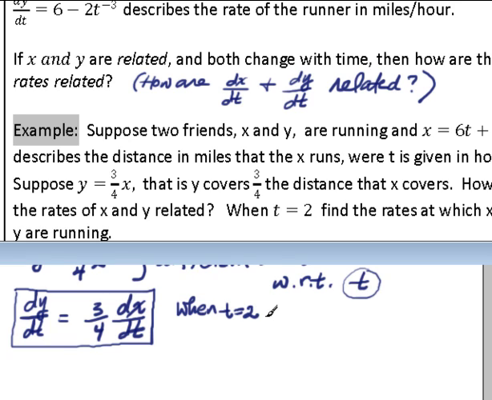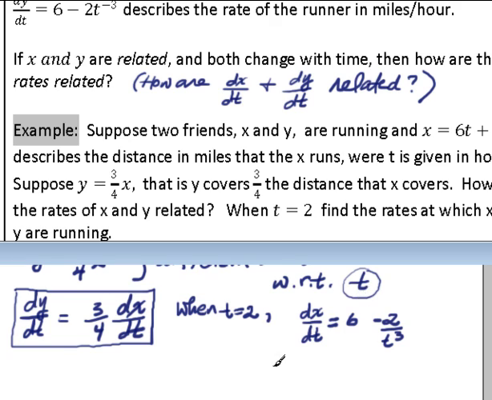When t is equal to 2, well, first of all, dx dt is equal to that. Here's x, and we know what dx dt is, we differentiated that already, and we got 6 minus 2 over t cubed.